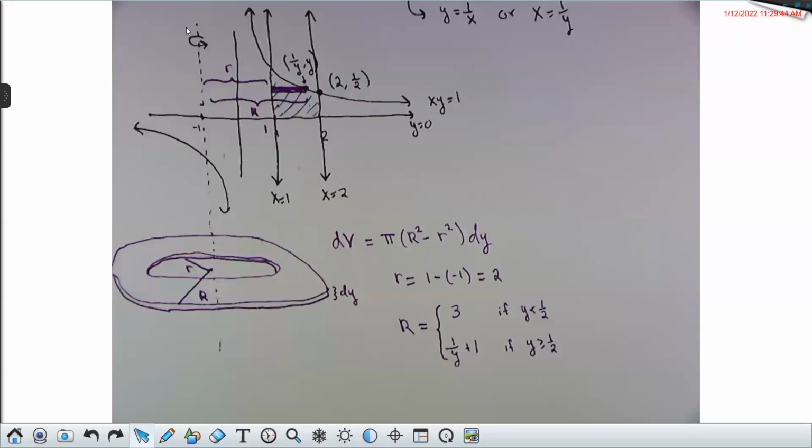So this is a challenging problem to set up using the disk washer method, because capital R is a piecewise function, right? You have to split it up. You have to take care of this part separately from this part. For this part, capital R is constant, it's just 3. But for this part, capital R is 1 over y plus 1. And what this means is that you're going to have to split up the integral.